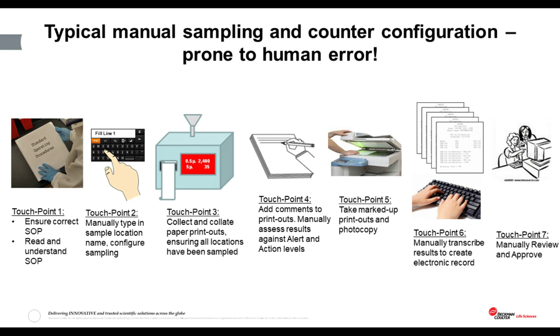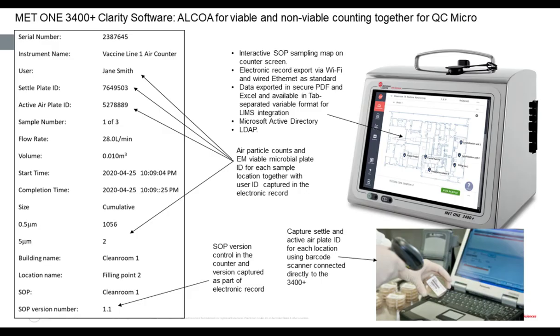Then finally, at the end of the day, the electronic record is reviewed by the supervisor to try and ensure that all the samples have been taken correctly and that the data in the electronic record actually matches that of the paper printouts. So as you can see, this is a horrible manual process, and with thousands of samples, pieces of paper, manual data transcriptions every month, the opportunity for human error to creep in and impact the integrity of the data is very high.